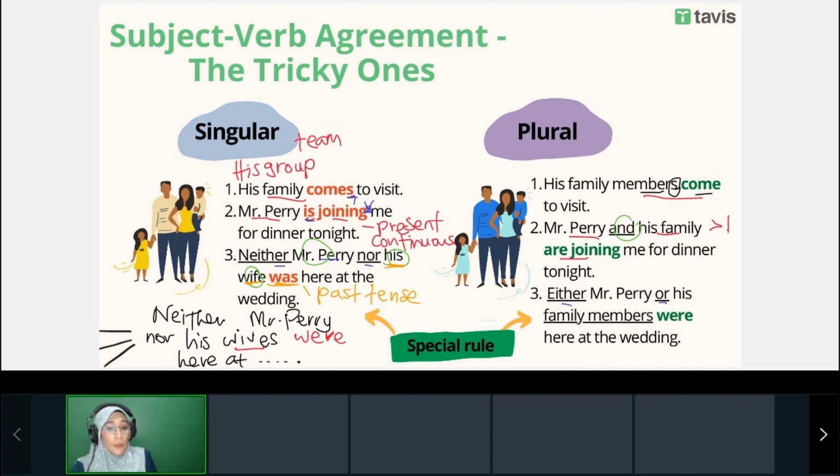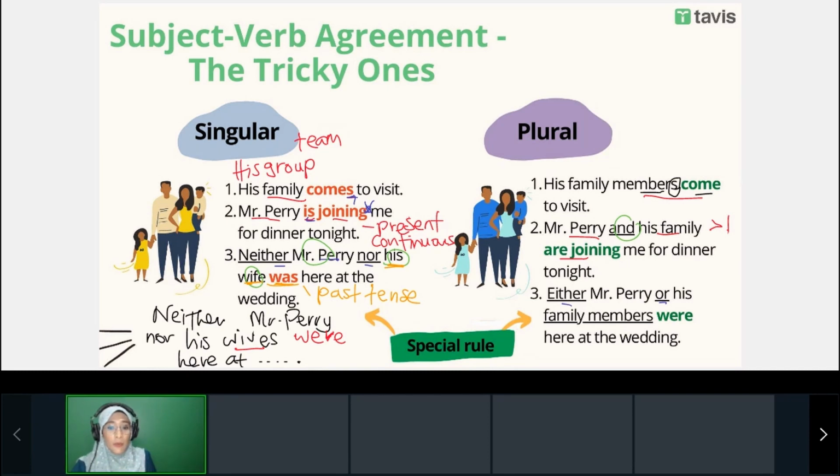All right, so we'll take a look at the third sentence. Either Mr. Perry or his family members were here at the wedding. Again, the same rule with this, except that here it was in singular form, but this one is in a plural form, right?